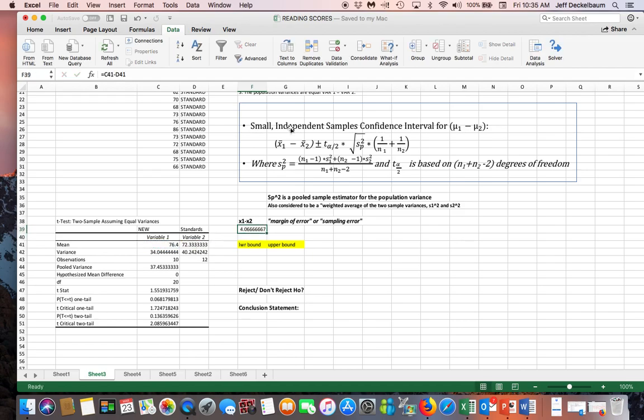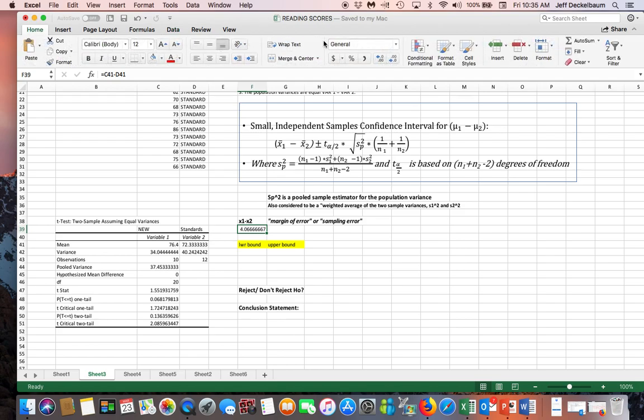Okay, and we can clean that up a little bit. The rest of this, so we need this t alpha over 2, which is based on n1 plus n2 minus 2 degrees of freedom. So we have n1 of 10 points, n2 is 12, that's 22 minus 2. You'll see here that Excel gives us the right number of degrees of freedom, which is 20.